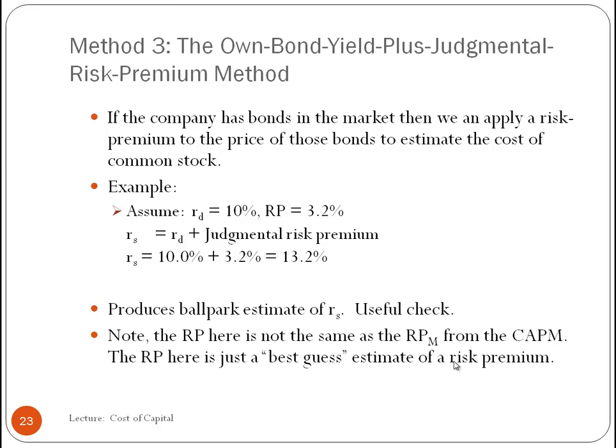This is not at all the same as the market risk premium. The market risk premium is specific to the CAPM. This is just some risk premium that the shareholders of this stock require above what bondholders require to hold the bonds. So it's really a best guess estimate.